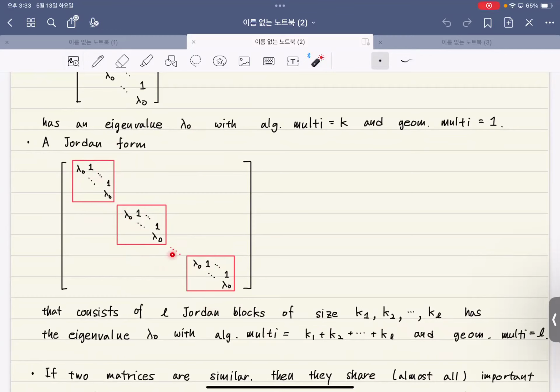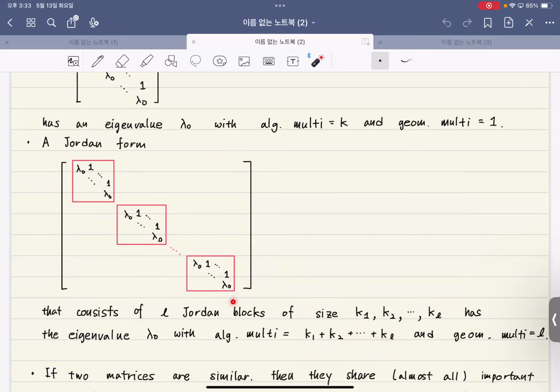And what do you think is the algebraic multiplicity? Here I am assuming the sizes of each of these Jordan blocks are K1, K2, up to KL. Therefore, this is a square matrix of size K1 plus K2 and so on up to KL.